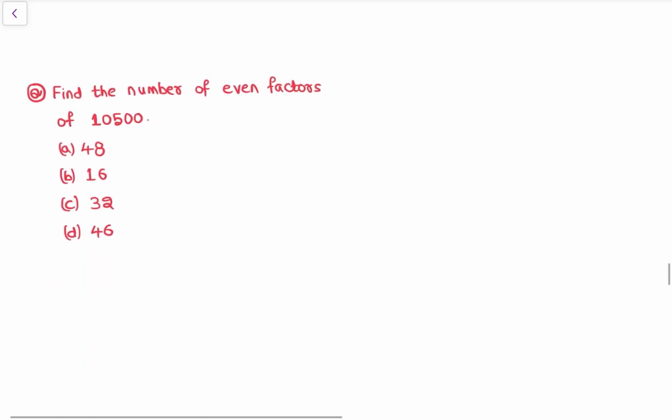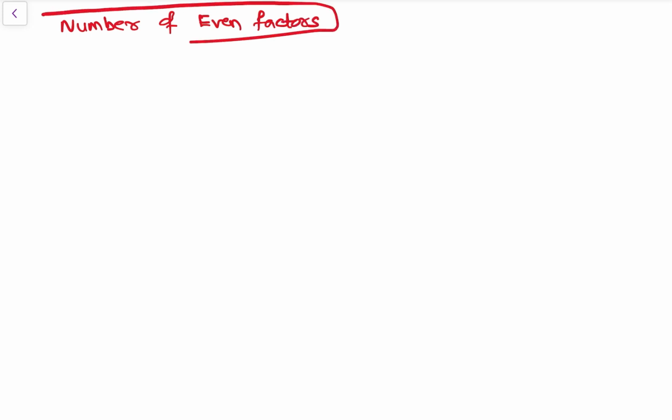Okay, now let's talk about even factors, that is number of even factors. Okay, so proper factor we are done with. So now let's put the heading: number of even factors.